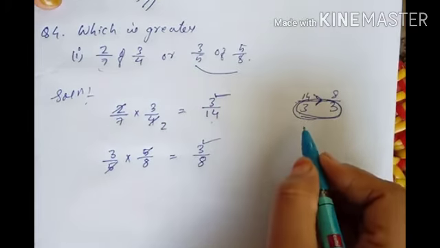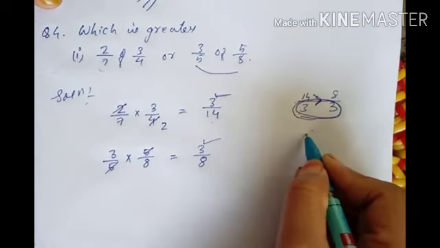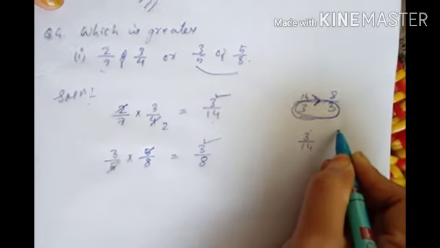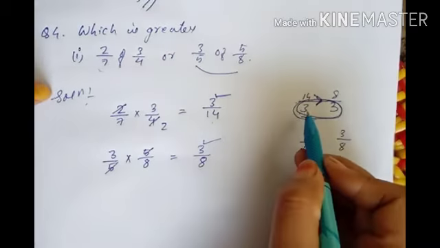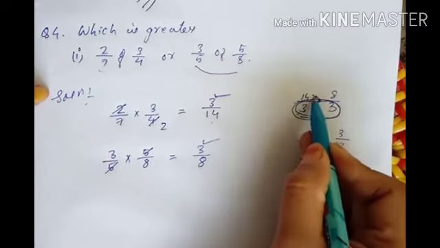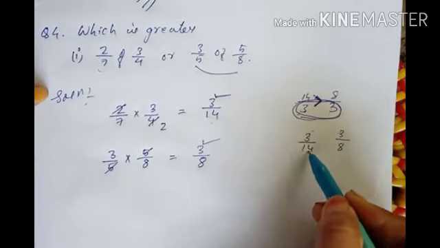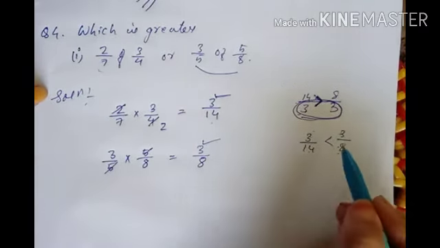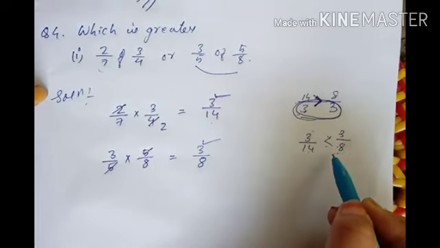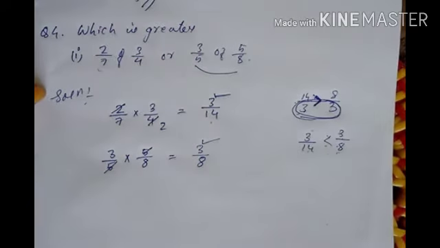So in this case, the smaller value, 3 upon 14 and 3 upon 8. These are the terms. Which is greater? This is greater. But if the fraction is like this, then the smaller one will be greater.